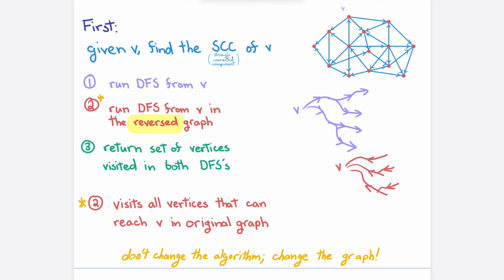Yeah. How difficult is it, time complexity wise, to reverse the graph? How hard would it be to reverse the graph? Let's say you had an adjacency list representation.